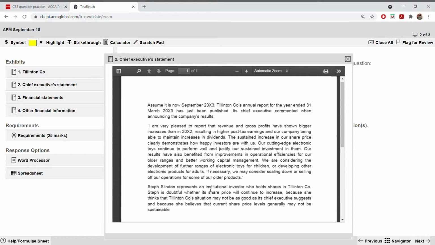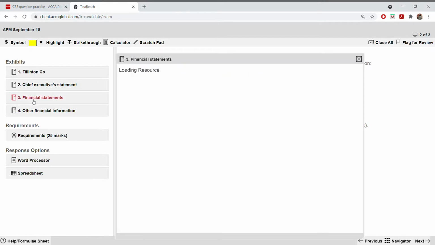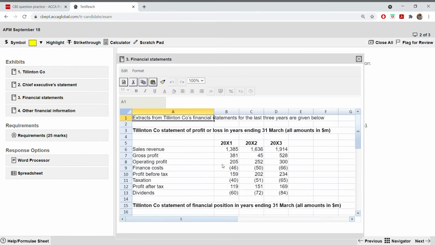The chief executive is saying the share price will continue to increase, but the institutional investor Steve Slinton is saying that they might not be able to maintain the current share price level. So when you evaluate the performance based on your ratios, you have to talk about both of these statements. Financial statements: you will be given financial statements, okay? If you see.